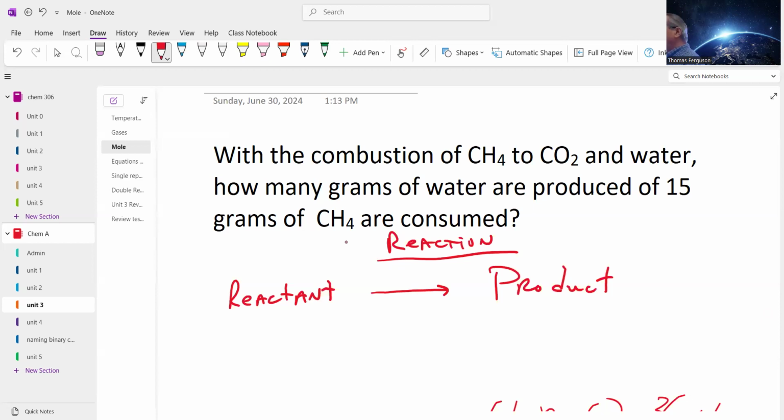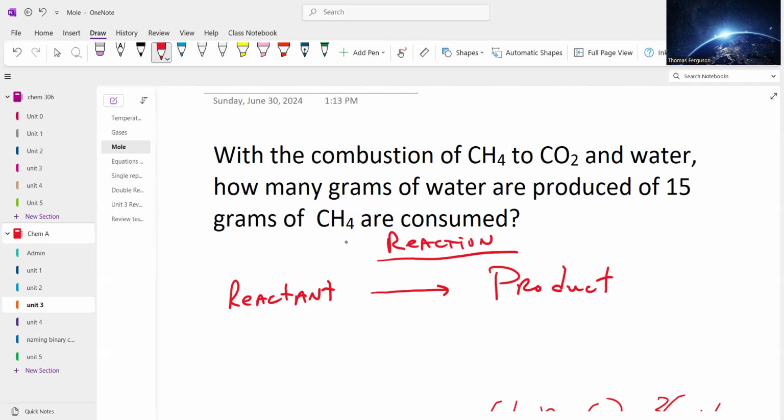Whenever you combust something, you convert it. You convert the carbon to the oxide, convert the hydrogen to water. And that's called oxidation. So we're oxidizing the reactant. Okay, so we oxidize the C to CO2, we oxidize the H to water.